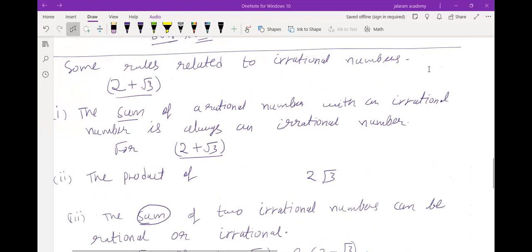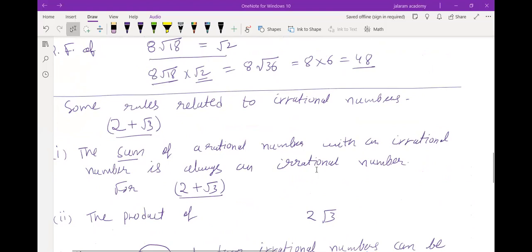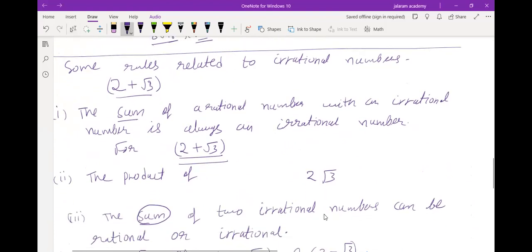So some rules related to irrational numbers are what? The sum of a rational number with an irrational number is always an irrational number. For example, 2 plus root 3. Second, the product of a rational number with an irrational number is always an irrational number.